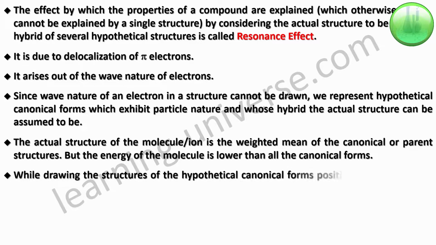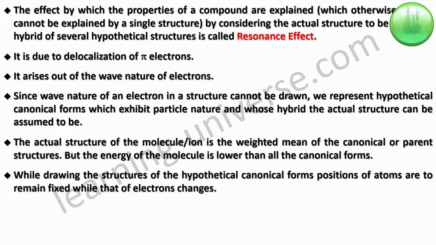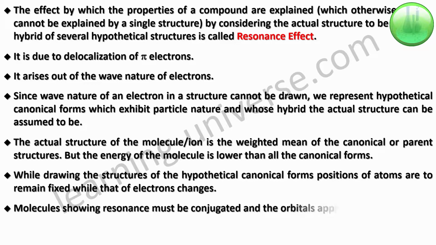Okay, so while drawing the structures of the hypothetical canonical forms, we have to make sure that the positions of atoms remain fixed while those of electrons change. Molecules showing resonance have to have a particular condition, that is, conjugation, and the orbitals should be appropriately oriented. Conjugation means alternate. So those situations where resonance happens, there is something which is alternate to each other. And we will look into each of those conditions where resonance happens, and you'll understand what conjugation actually means.